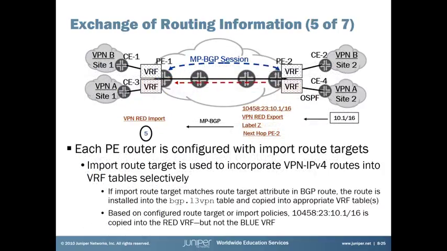Alright. Next step. Each PE router is configured with an import route target. So the import route target is used to incorporate the VPN IPv4 routes into the VRF table selectively. So what happens is the routes are sent across the provider's network. They arrive first of all into this BGP L3 VPN table.